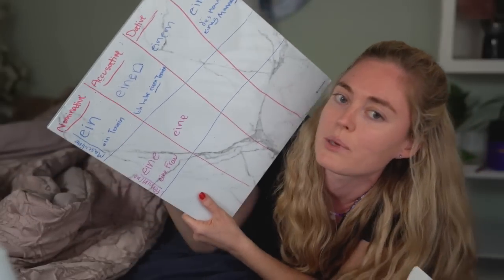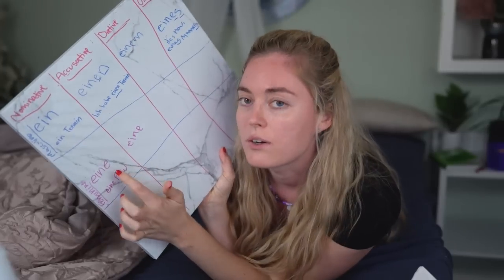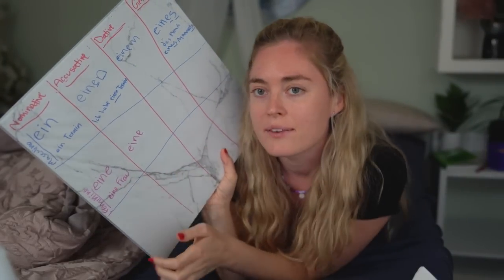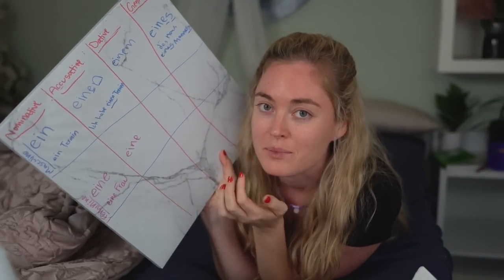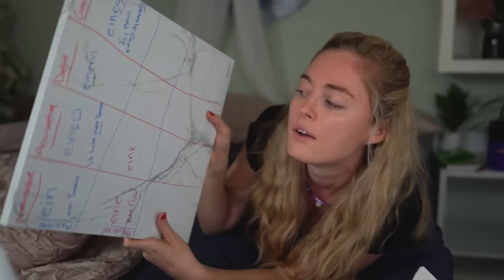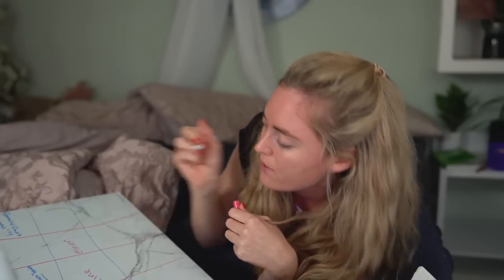I'm pretty sure, but correct me if I'm wrong. So, eine. Dative, feminine. This one is confusing sometimes when you just learn it. It's going to be einer, so an E-R, E-I-N-E-R.